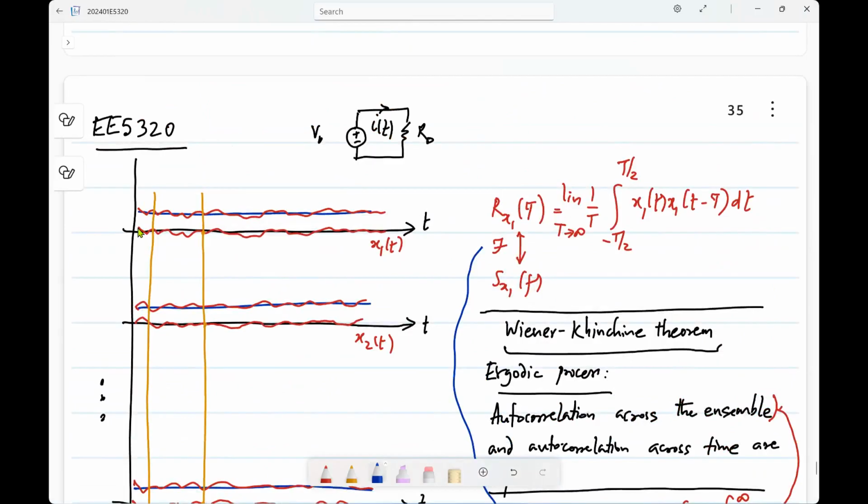But this is for an aperiodic signal. That's why you run the limit of t to infinity. This is definitely not a periodic signal. Okay. For a periodic signal, you won't have this limit t tending to infinity, right? T would be one period. But for a periodic signal also, if you calculate this with the limit t tending to infinity or only for an integer number of periods, you will get the same result.